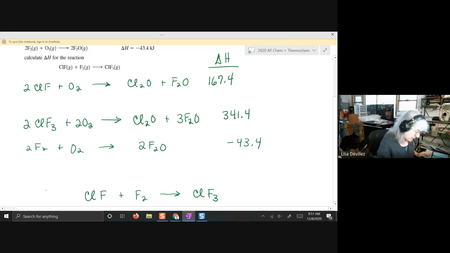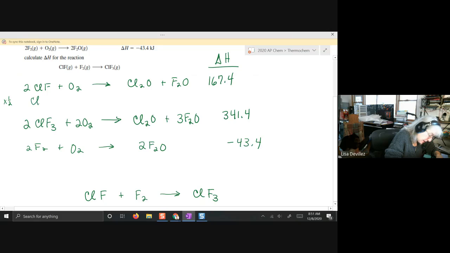Okay, so let's see. ClF is only in the first equation, so let's start with that one. I need a 1, it's got a 2, so I'm gonna multiply through by 1/2. That's gonna make a little note over here, times a half.